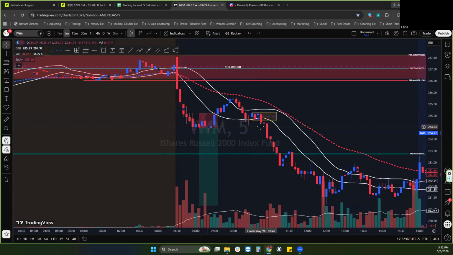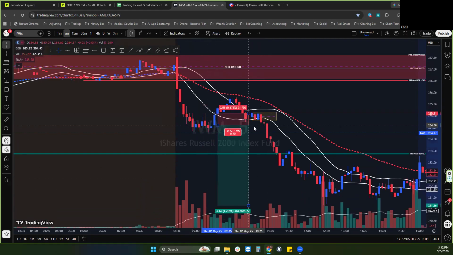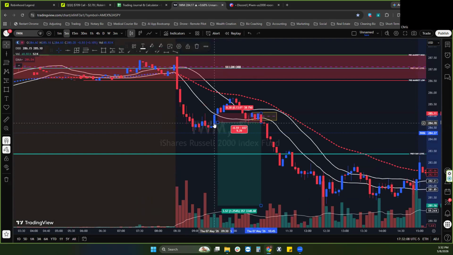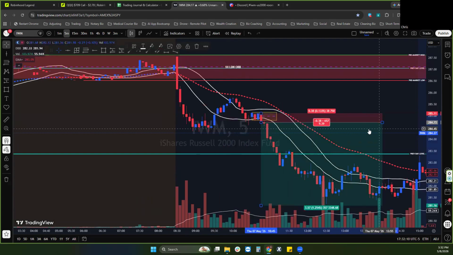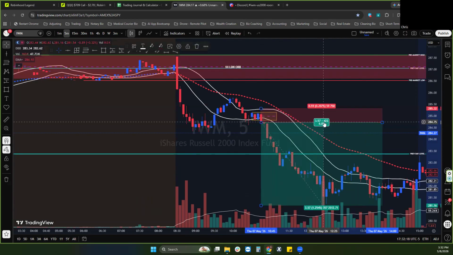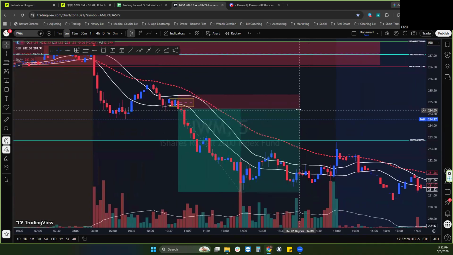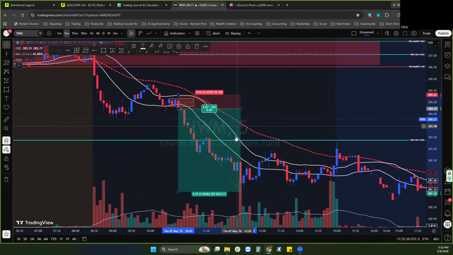So if I would have entered here at 1045, with stop loss on the opposite side of the Bollinger Band, this is a 1 to 6 risk reward. So risking $59, $60 to make $357. And that trade would have played out nicely.